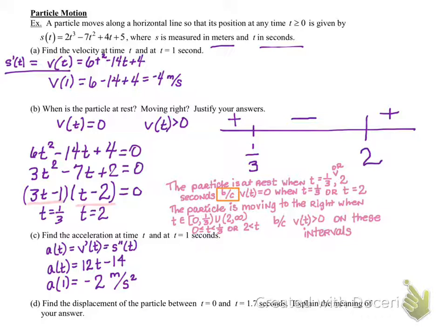Now we're going to find the displacement of the particle between t equals 0 and t equals 1.7 seconds. There is a big difference between displacement and distance.